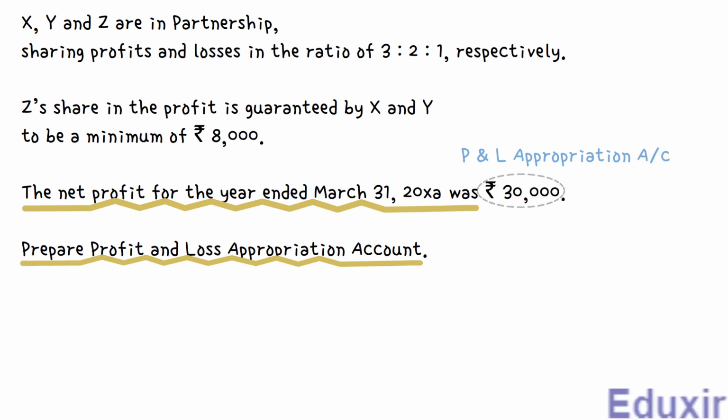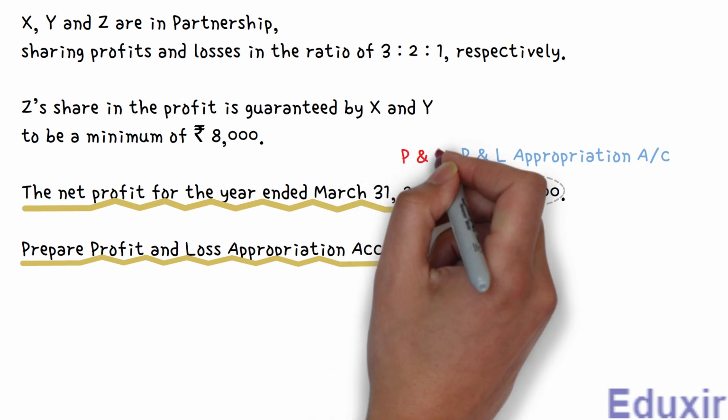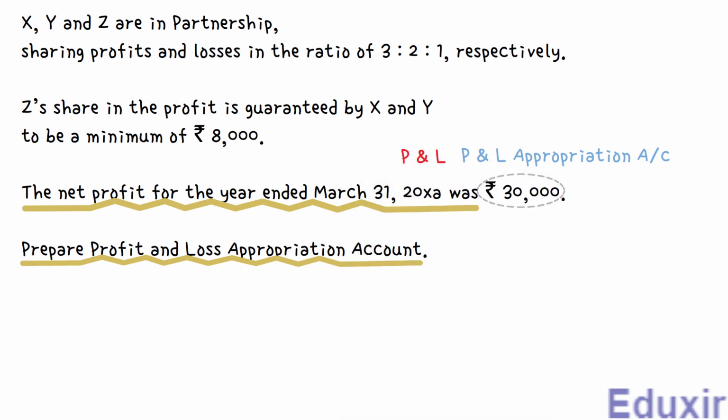Also, as we are transferring this net profit from the profit and loss account, we need to debit the profit and loss account. Now, the preparation of the profit and loss account is not in the scope of this problem. So, let's leave out the profit and loss account related debit entry and let's directly post the profit and loss appropriation account related credit entry into the profit and loss appropriation account.